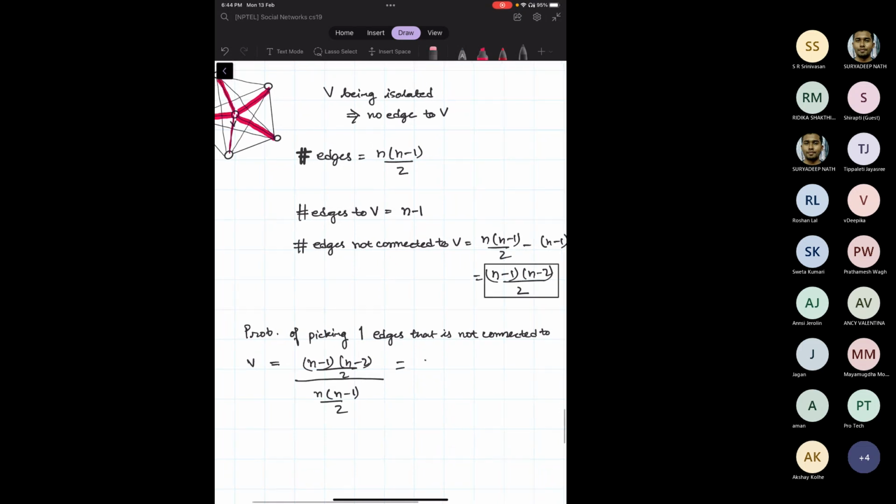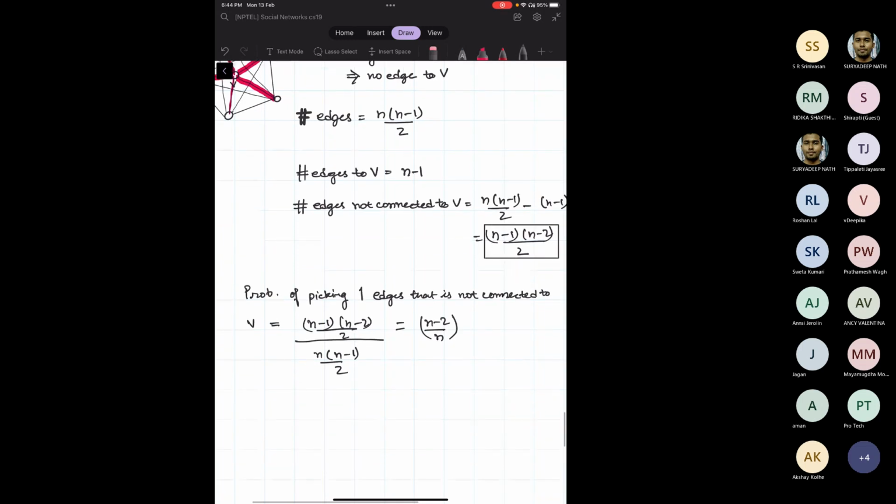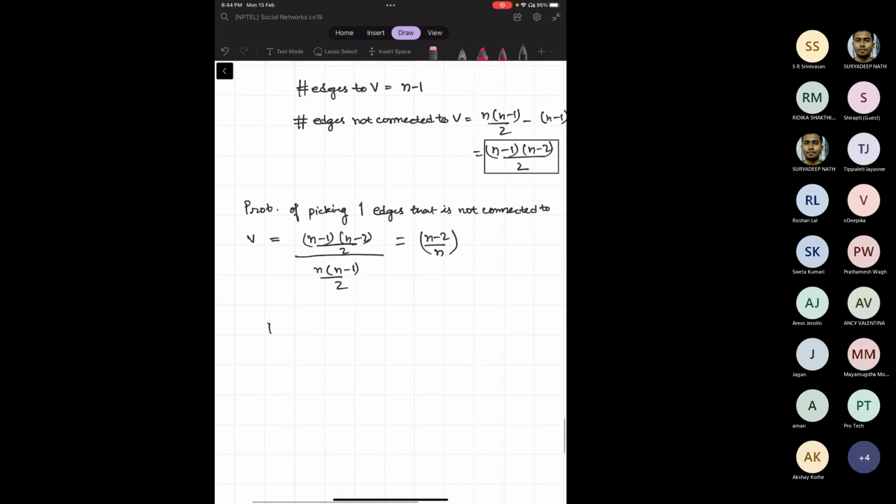So this is n minus 2 by n. This is the probability of generating one edge not connected to V. So that is n minus 2 by n.